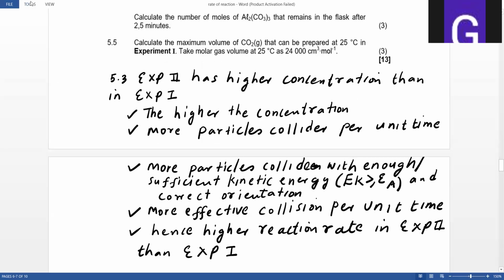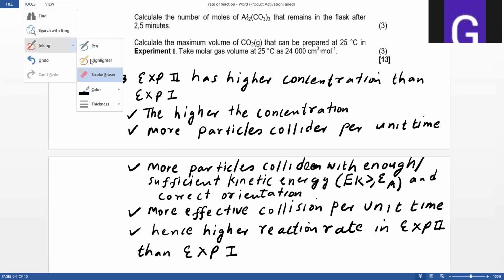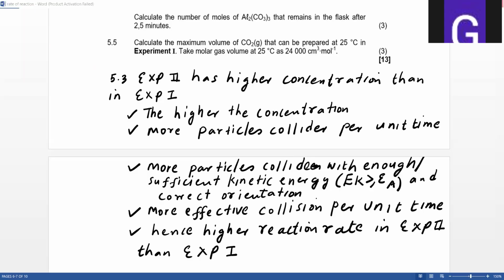Experiment 2 has higher concentration than experiment 1. It's true. And we know that the higher the concentration, more particles will collide per unit time. And if more particles are colliding per unit time, it implies that more particles will collide with enough or sufficient kinetic energy and correct orientation.